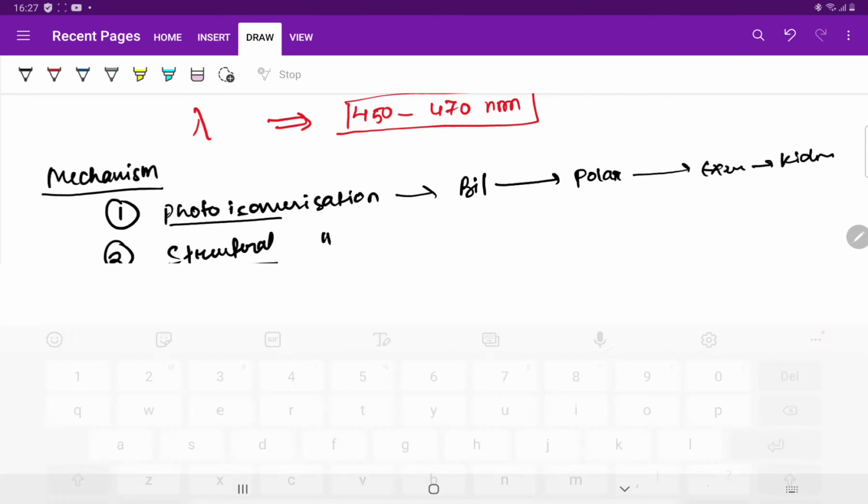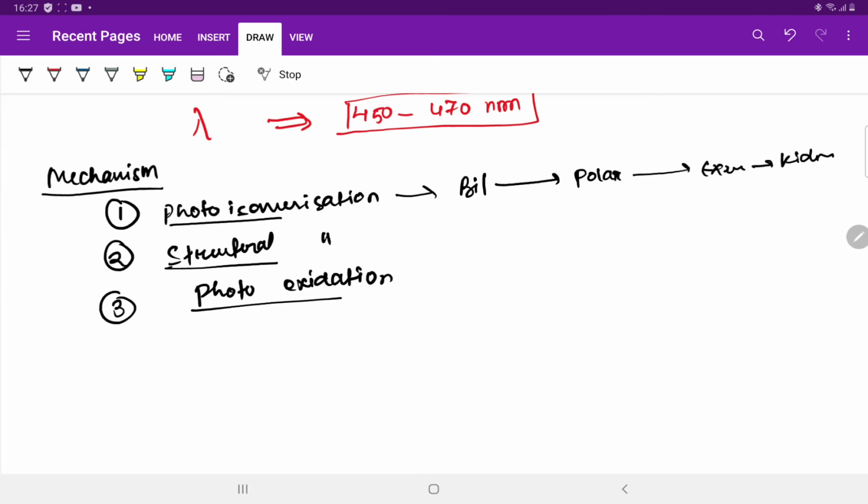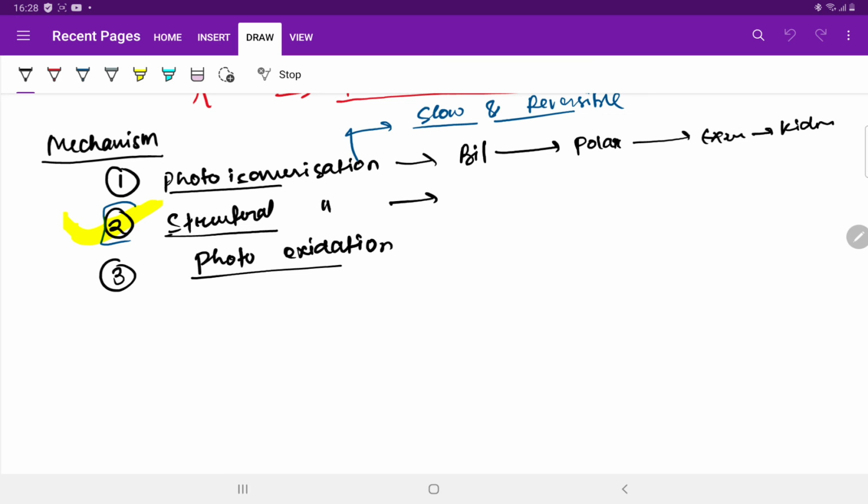But the thing is that this photoisomerization technique is slow and reversible, right? The main technique that we use, the most important one, is structural isomerization, right? In this, the bilirubin gets converted into lumirubin, right?